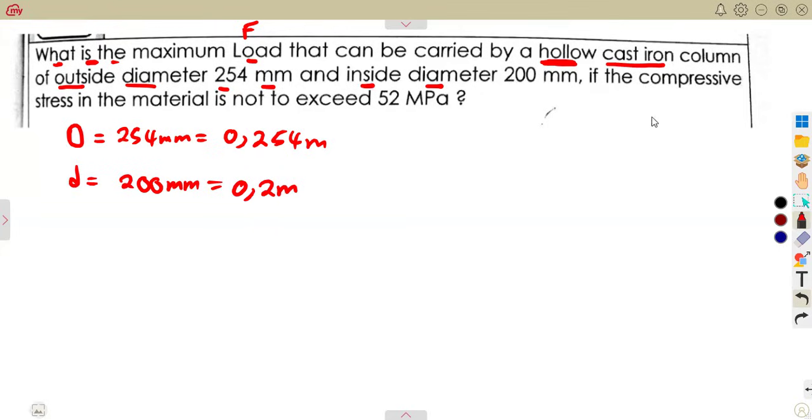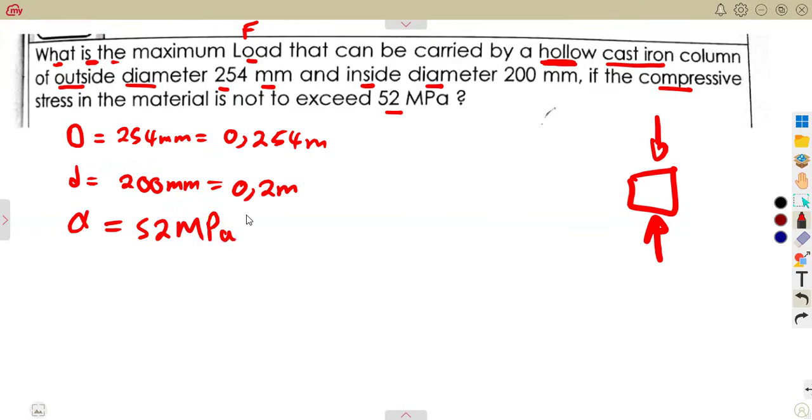And they are saying, if the compressive stress of the material, because it's carrying that load, so it's compressing, is not to exceed, they gave us that the stress is not supposed to exceed 52 megapascal.